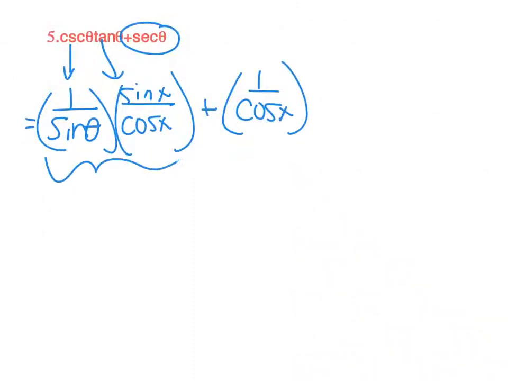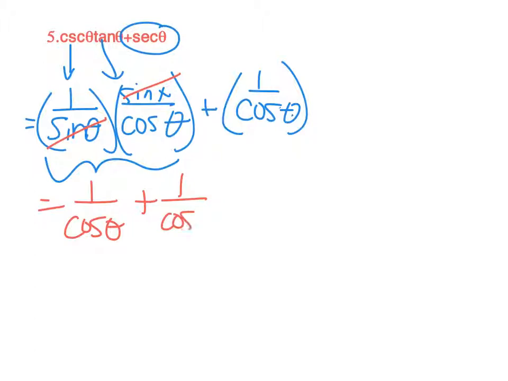So when I multiply these together, oops, it's supposed to be theta. Let me change these back to theta. Okay, so going back, my sines cancel, and I'm left with 1 over cosine of theta plus 1 over cosine of theta. As long as you have a common denominator, you can add these two together. That gives me 2 over cosine of theta.